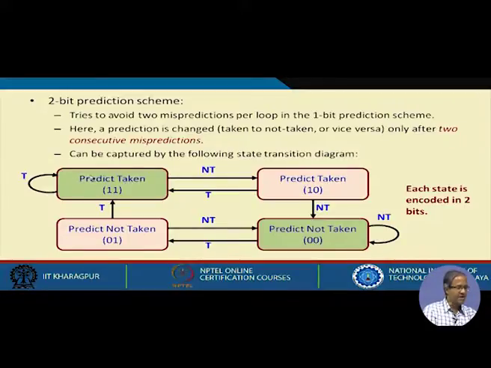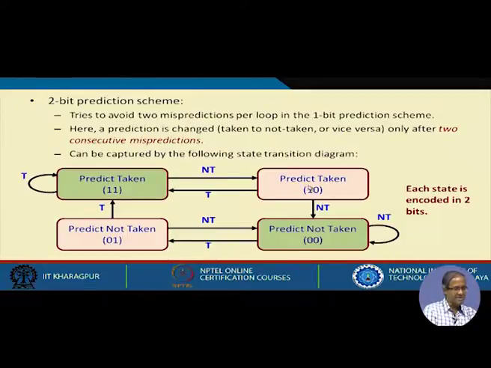So, while you are here, if your loop is taken taken taken, you remain here, and while you are here, if it is not taken not taken not taken, you remain here. But if it is predict taken, and you get a not taken misprediction, you do not straight away go here, but rather you come to an intermediate state. This is still predict taken, but maybe.